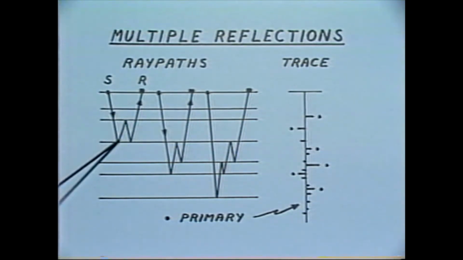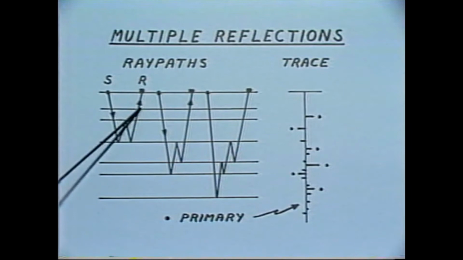The energy is reflected first from this interface, traveling back towards the surface, but then some of it is reflected down again from that interface, reflected back again from here, and finally reaches the receiver. Now, of course, at each one of these interfaces, some energy is reflected and some is transmitted. So we're really only just looking at one particular ray path out of a very large number.